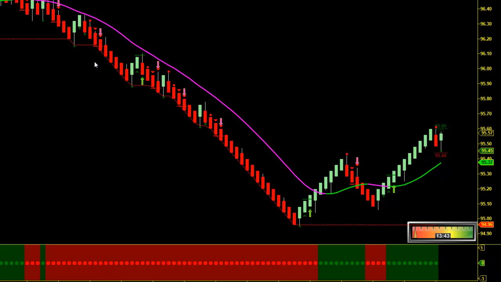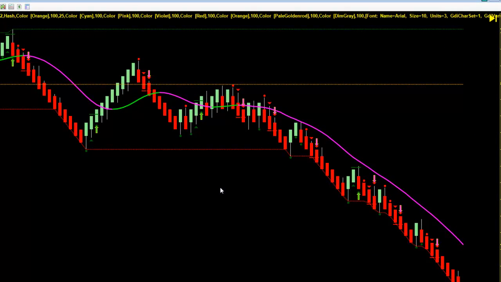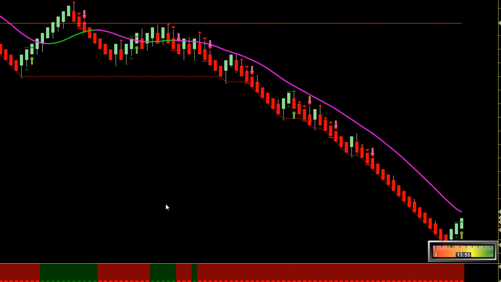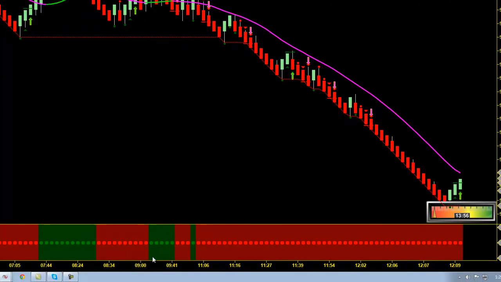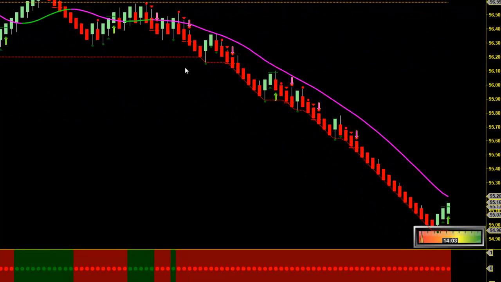As you can see here, we've got plenty of valid moves with the oil market. Not valid there. Not valid there either, because we've got our green filter, so it kept us out of that trade. However, even if we had taken that, if we were using the pivots for the stop, I would have survived. I do have a valid entry right here.